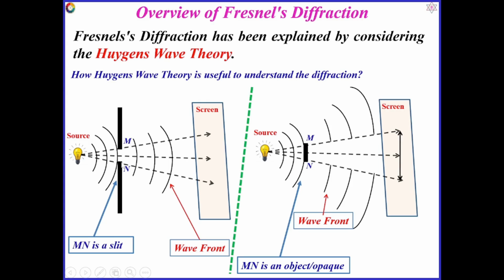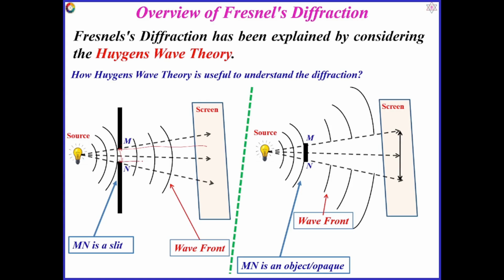For this case, one can expect that if light moves along a straight line path, then as this much is the slit width, light will travel only along the straight line path.